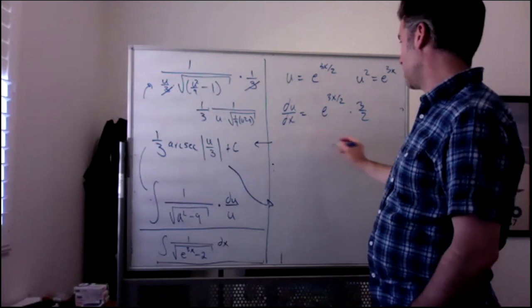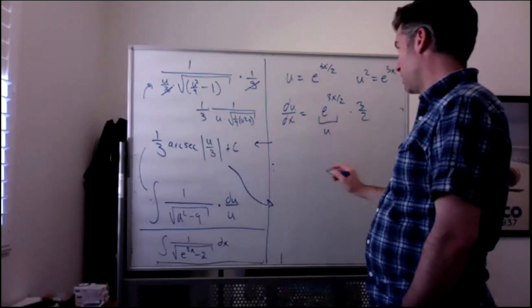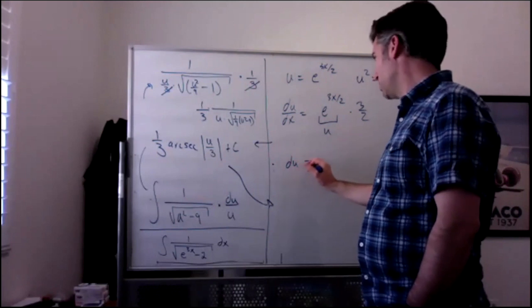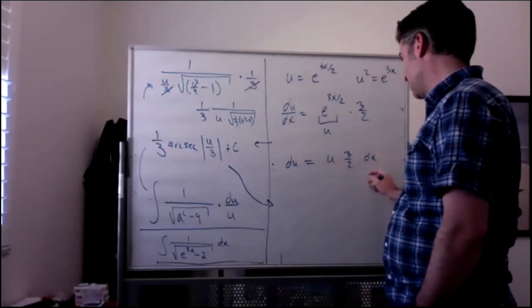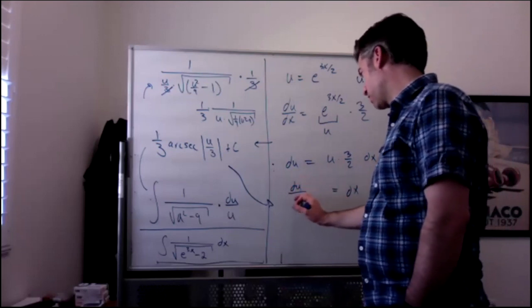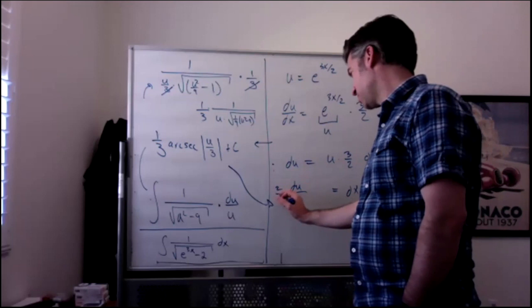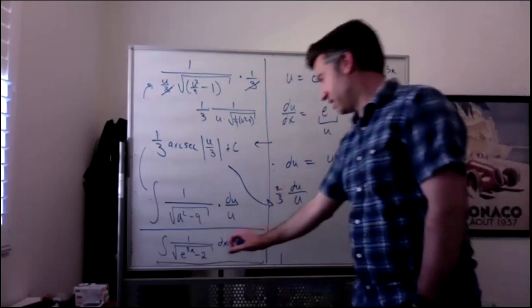That's my u, right? du equals u times 3/2 times dx. So dx equals du over u times 2/3. So that's gross. That's what's going to go in here.